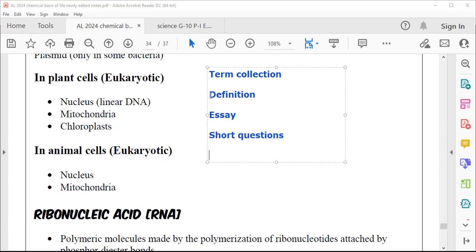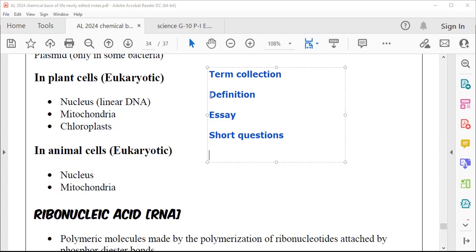You have to maintain four books. Term collection means every class you study, you will come across certain terms, correct?